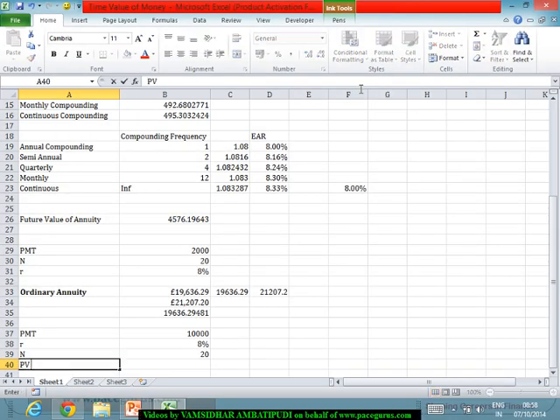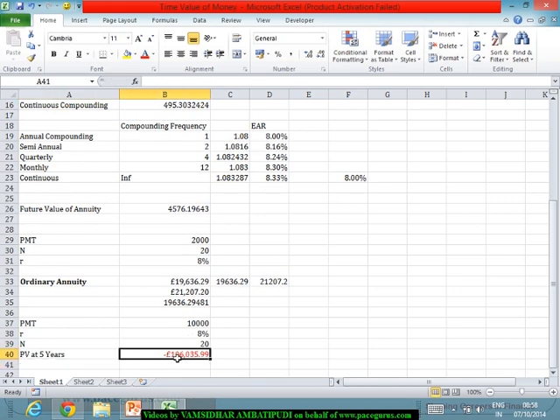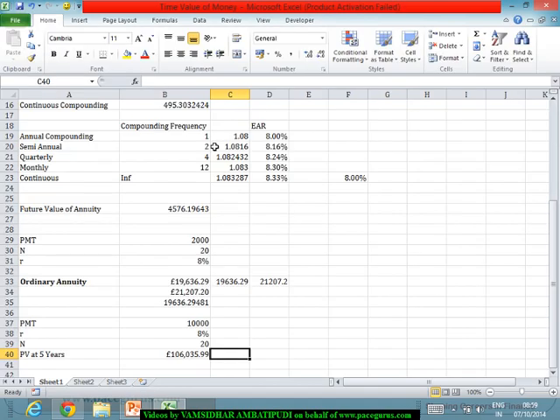So the present value at 5 years from now, all I am going at is a computation of the present value using the interest rate and the number of periods that I have to pay 10,000 every period, and this is an annuity due. So I have the present value of it at the end of 5 years from now as 106, but if I am trying to position myself at the end of 4 years from now, then it is an ordinary annuity.